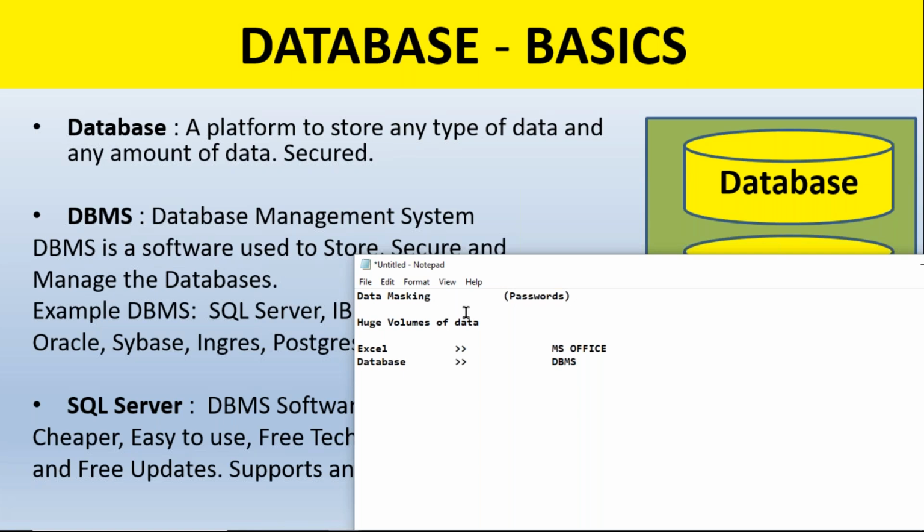I repeat, main purpose of database, huge volumes of data, any type of data. Then to operate with database, we need a software. Just like Excel can be operated using MS Office software, databases can be operated using DBMS software, database management system.